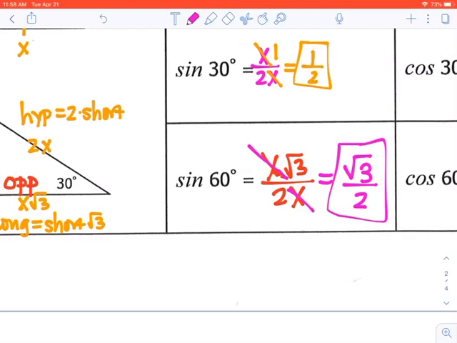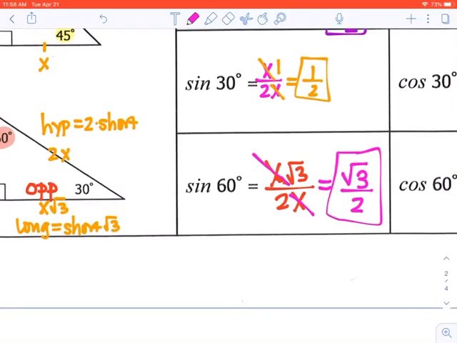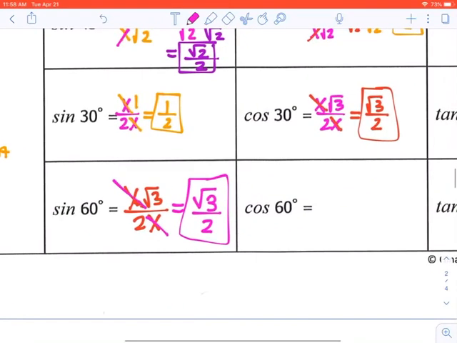Sine of 60 degrees will always be square root of 3 over 2, no matter the length of x, always. Also notice cosine of 30 is the sine of 60. That's because they are complementary angles. This kind of always happens. We'll talk more about this later on in the sections, okay? But notice cos of 30 is the same as sine of 60. That always happens. Just little things you'll start noticing as we're working through these problems, okay?